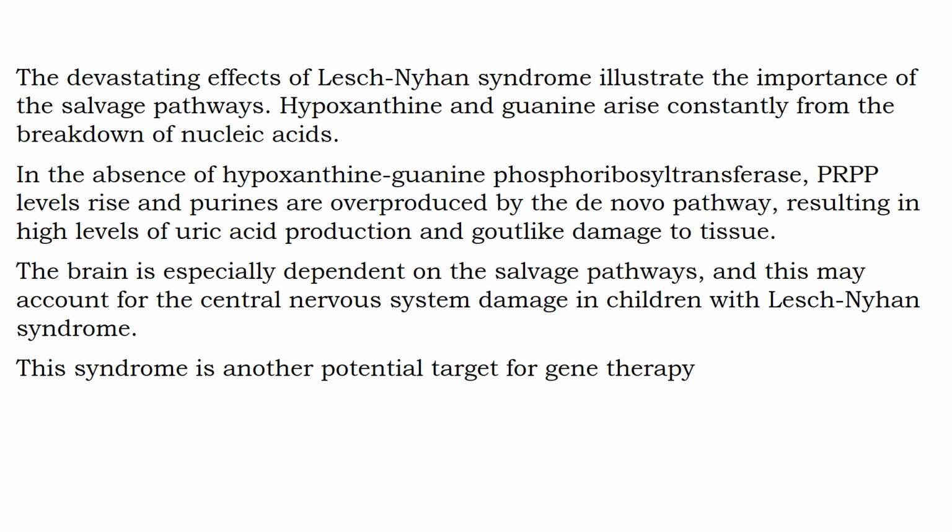If there is an absence of this enzyme, then even the PRPP levels will increase, because the salvage pathway will no longer combine these two to make new nucleotides, and purines are overproduced by the de novo pathway, which results in high levels of uric acid and the production of gout-like damage to the tissues. We call it gouty arthritis, the accumulation of uric acid in the tissues.